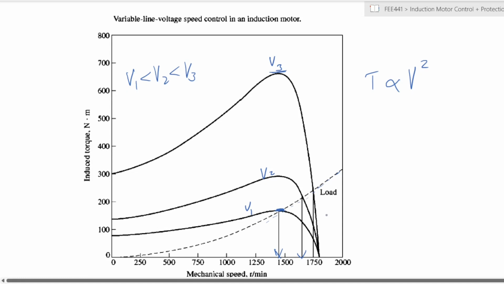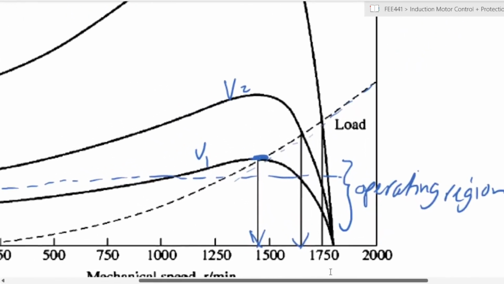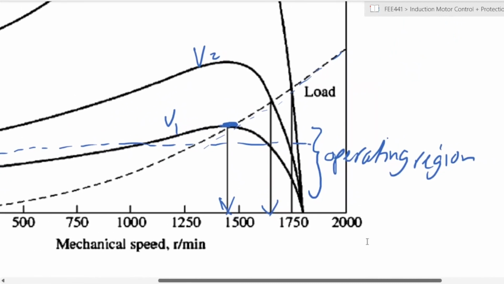But remember that, as we said, the operating region is a certain limited portion of this. The normal operating range of our machine is usually around here. What this means is that if you're changing slip as your way of controlling speed, you have a very limited range in practical terms within which you can actually vary your speed.